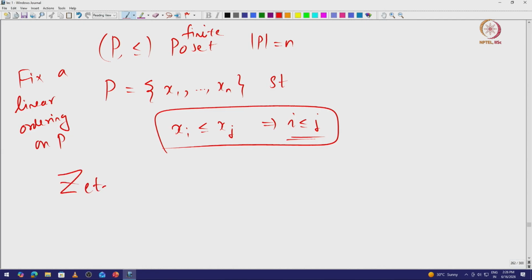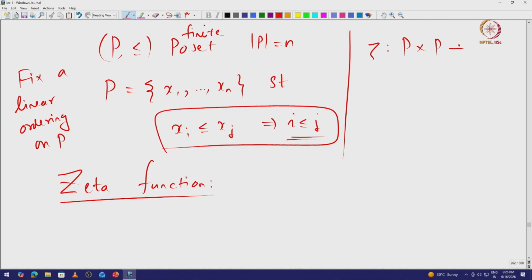The zeta function is defined to be a function from P cross P to C, or equivalently an n by n matrix over C. Either way one can think about it. So, zeta of x_i comma x_j is defined to be 1 if x_i is less than or equal to x_j, and 0 otherwise.